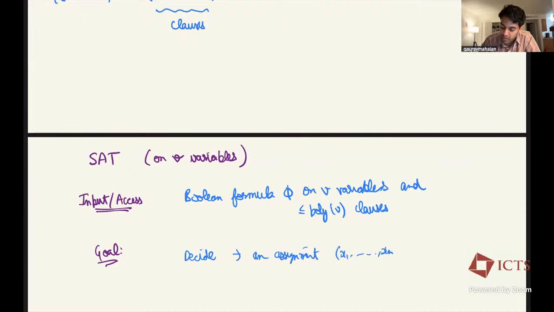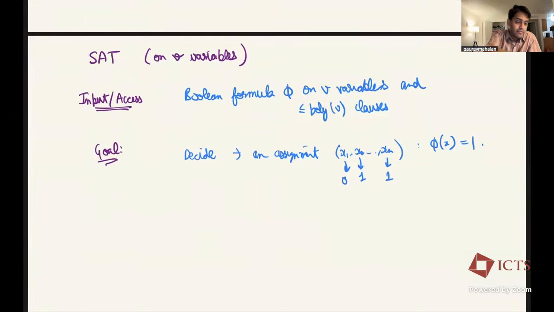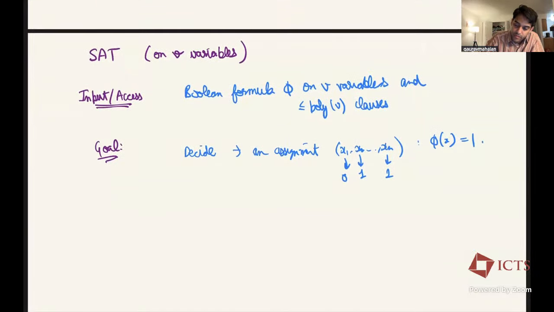So this means you're given x1, you assign it 0, say x2 goes to 1, some assignment such that phi of x is 1. It's possible maybe none exist, and that's what you're going to figure out. Okay, so that's the SAT problem.